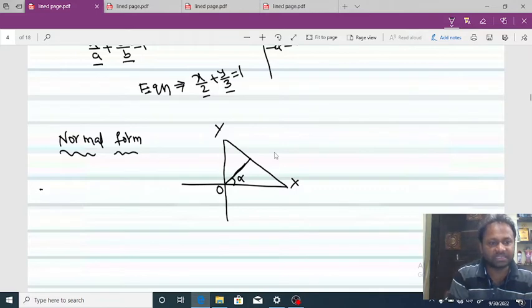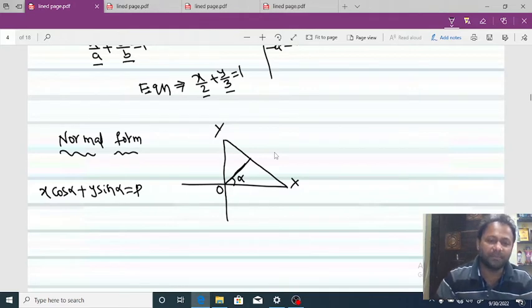Then x cos alpha plus y sin alpha is equal to P, where P is the distance from the origin to the straight line.